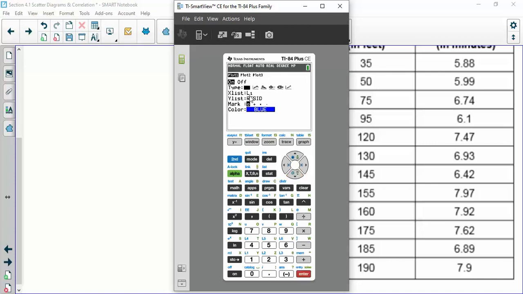Then you need to watch on your calculators, we might have to change something. Your X list should be L1. Y list should be L2. If it says something else, if you do second, the number 2, that'll set that. Okay. And then if we go to zoom, number 9, it will zoom us to wherever our data is at. And so we should see a scatter plot then.